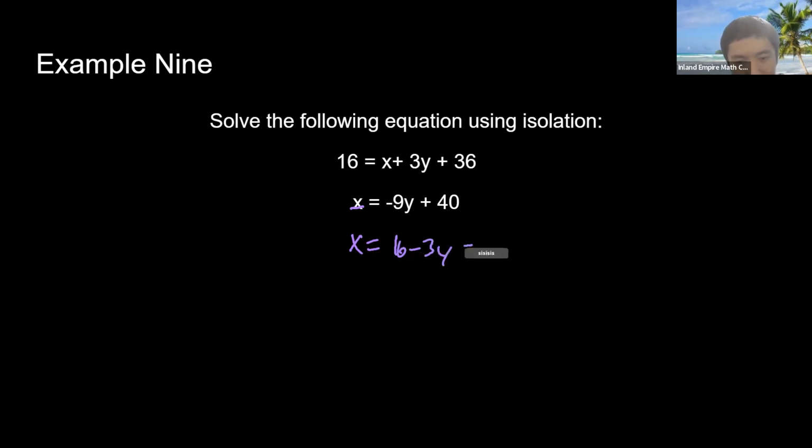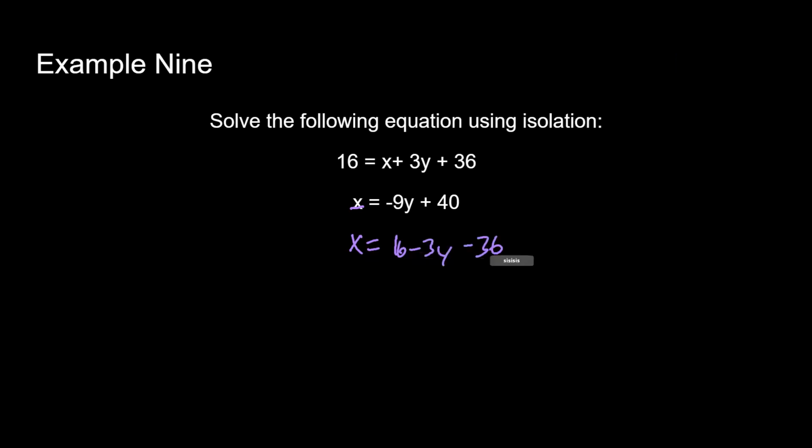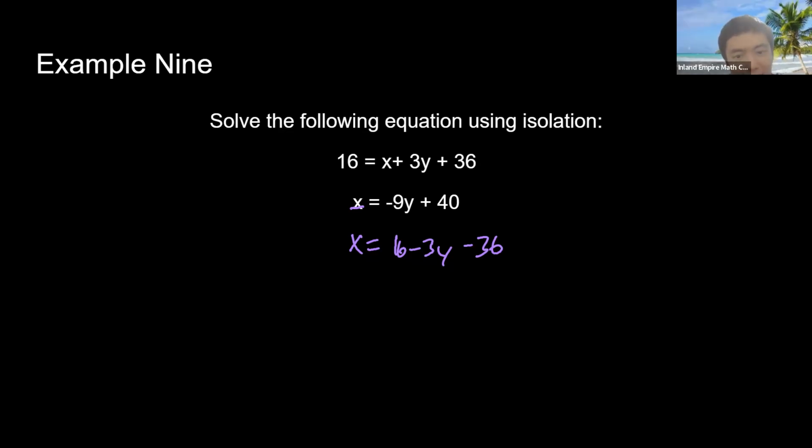All right, then. Now what, Kaden? Turn x into 16 minus 3y minus 36. That's right, Kaden.